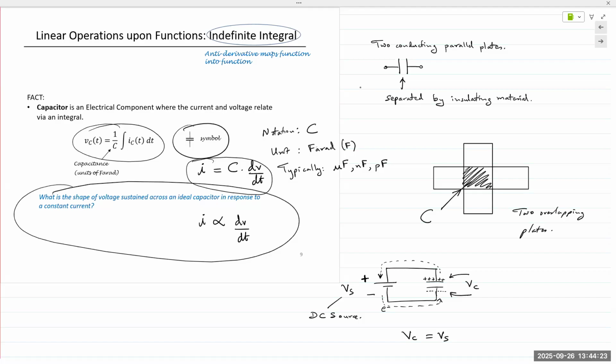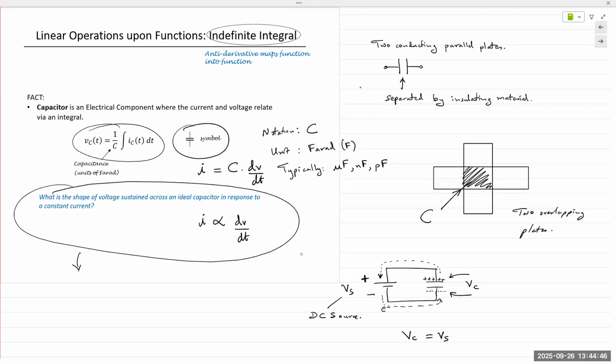I equals C times dV over dt. So if V is a constant, a DC source, what happens to I? Just mathematically. It's zero. The derivative of a constant is zero, right?